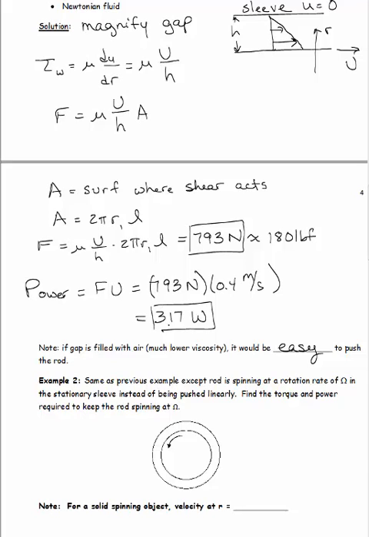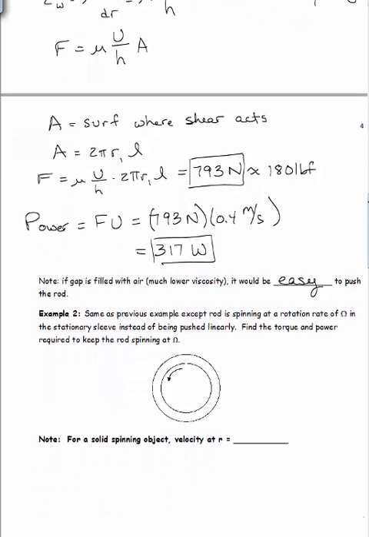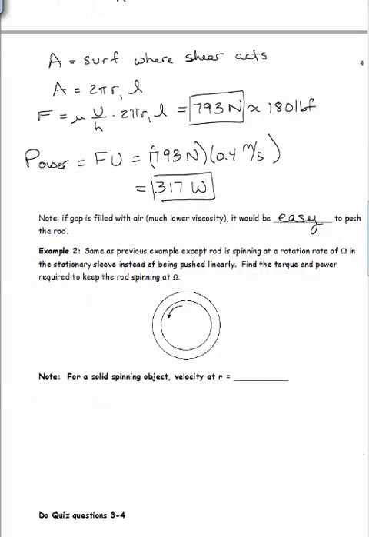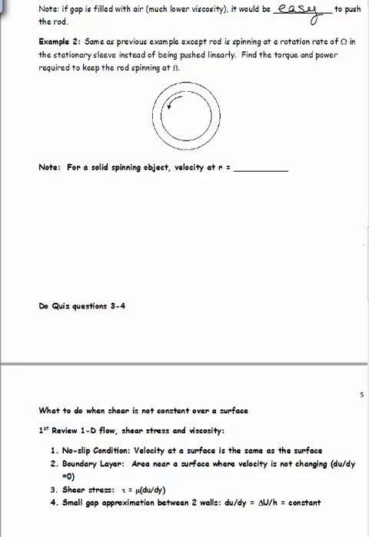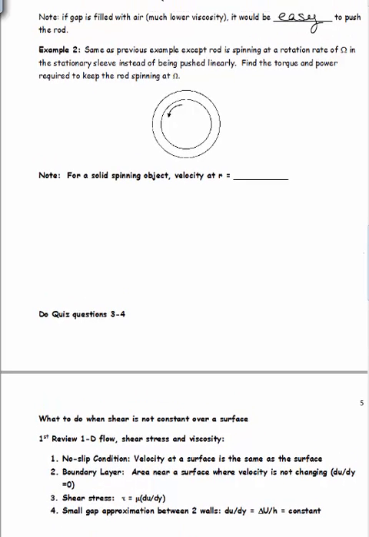Alright, so let's go on to example 2. So that was a linear motion. Example 2 is the same thing, only instead of pushing that rod through, what we're going to do is just turn that rod. Okay, and instead of finding the force required to push it, we're going to find the torque required to keep it spinning at a speed of, that's a capital omega.